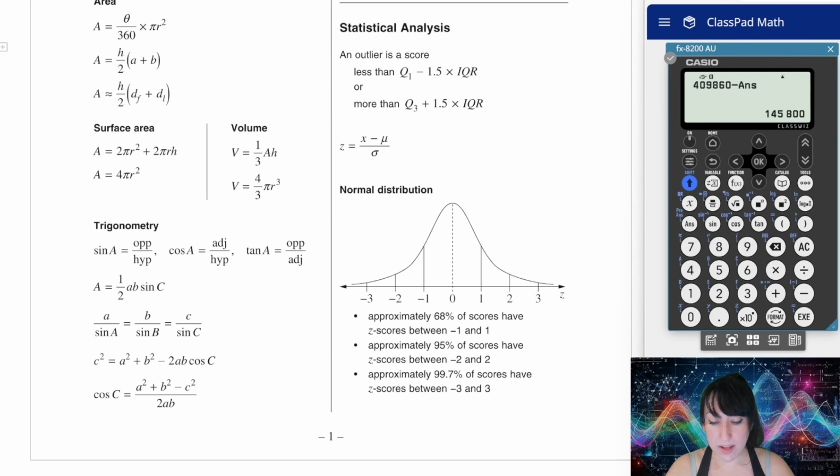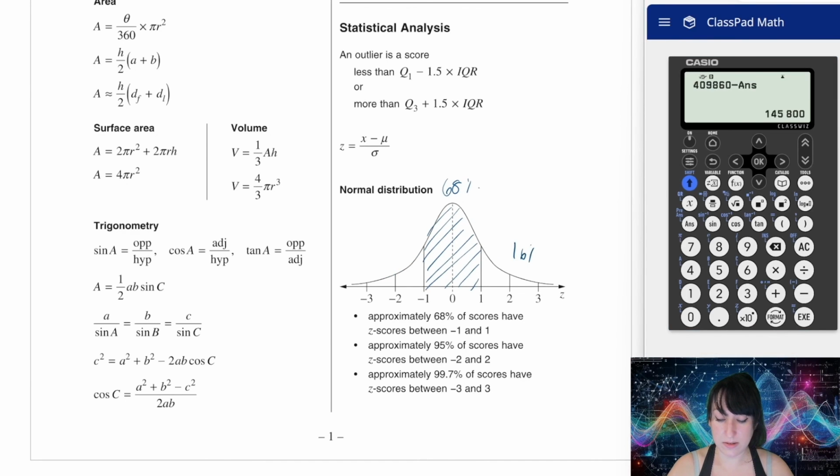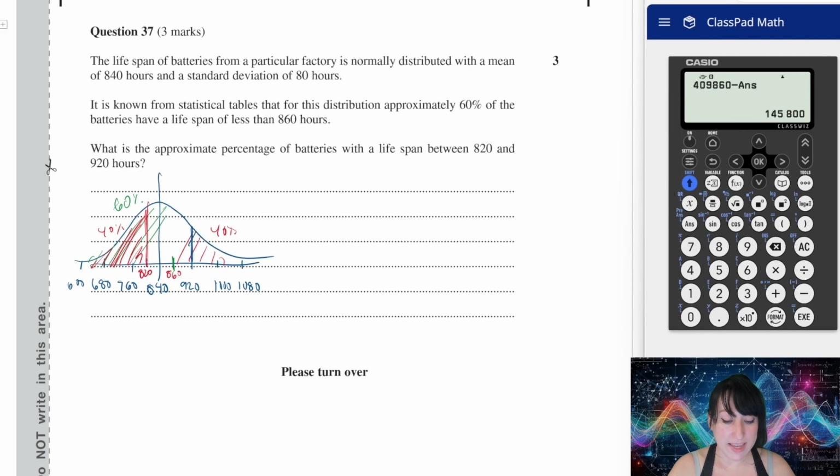Okay, and we're told that in between here and here is 68%, which means outside of that is going to be 32%. And these tails here and here, and it's symmetric, so each side of that is 16%. We're going to use that. So once again, up here is going to be 16%.